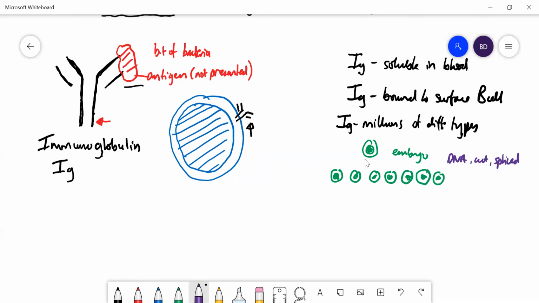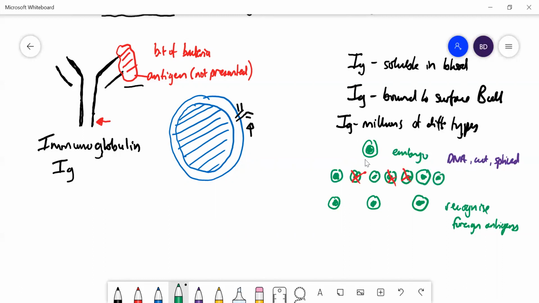Then in the embryo, that undergoes selection, because all the ones that react with self get eliminated. So the only ones left over recognize foreign antigens, and there are B cells which will recognize antigens which haven't even come into existence yet. So they cope with every eventuality.